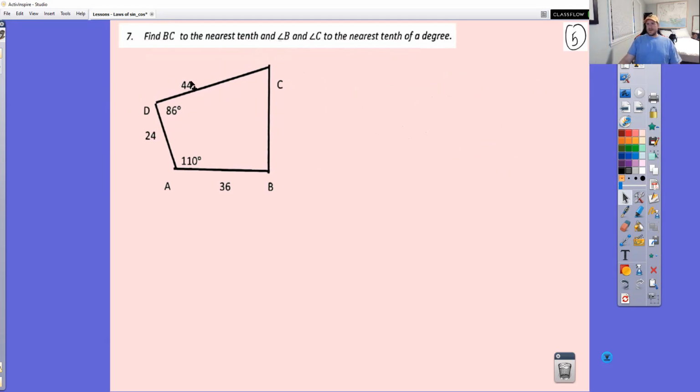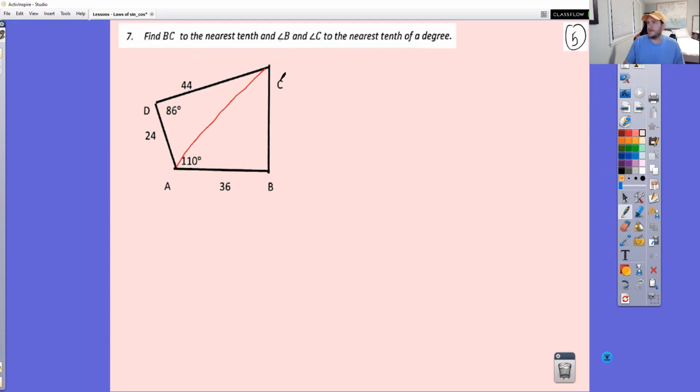So the idea with this problem is we have to find BC. So the way we'll find BC is we'll chop this thing up. Chop, chop, chop. And so by drawing in that line, then we've basically just made a triangle, DAC. I still hate that C is over there.